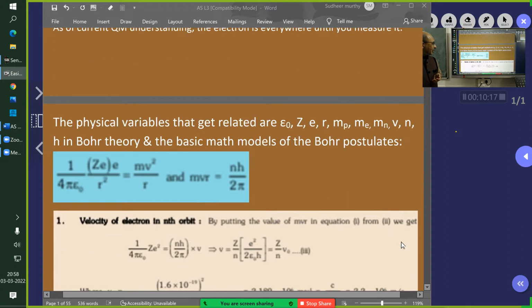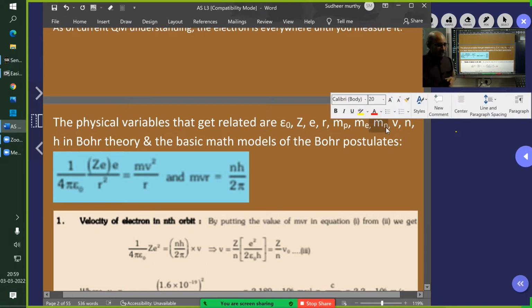Okay, fine. The next thing that we would like to learn here is the physical variables that get related: epsilon naught, the permittivity of vacuum; Z, the number of protons; E, the charge on the electron; R, the Bohr radius; Mp, the mass of proton; Me, the mass of electron; Mn, the mass of neutron, but the mass of neutron will not be there in this case.